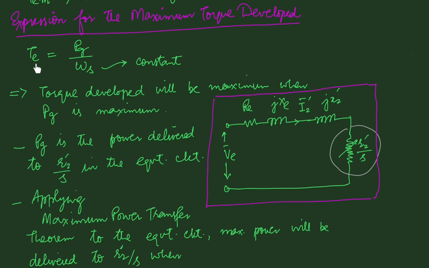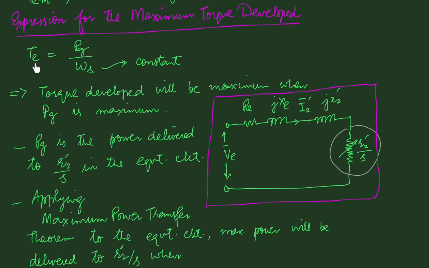We know that the electromagnetic torque developed is equal to Pg by omega s, where Pg is the air gap power. And since the motor is operated from a constant frequency source, the number of poles is also constant. Omega s, the synchronous speed, is also constant.